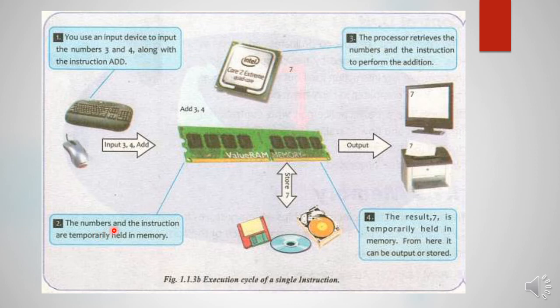The numbers and instructions are temporarily held in memory. The processor retrieves the numbers and instruction from RAM to perform the addition. After that, the result 7 is temporarily held in memory. From this memory, it can be output through output devices or it can be stored into storage devices.